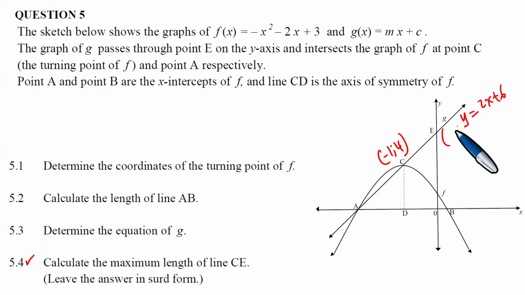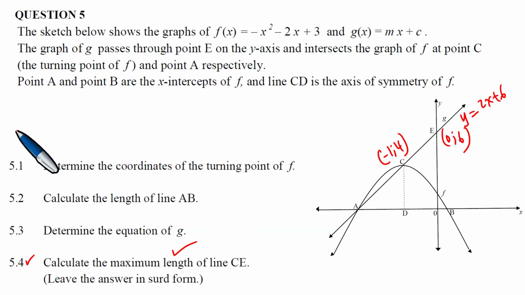At this point, when x is 0, y is 6. In this case, we can find the maximum length. How do you find the length? Because you already know the coordinates of C and E.